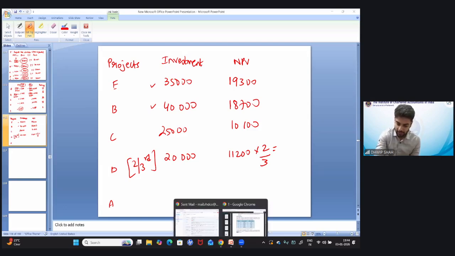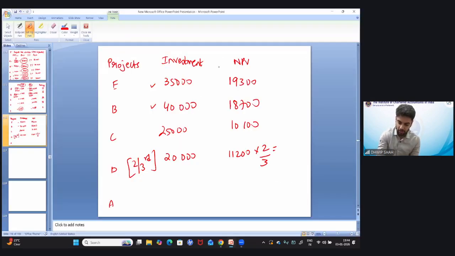Followed? So how much it is? 11,200 का 2/3 करे तो कितना आता है? 7,467. And project A तो under consideration में आएगा ही नहीं because funding is over. Yes or no?